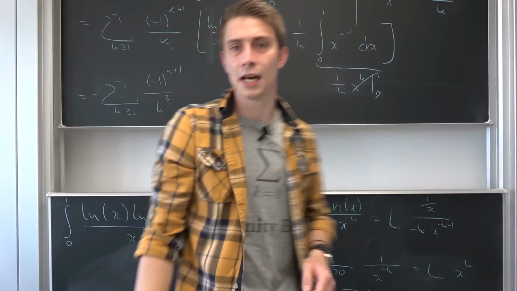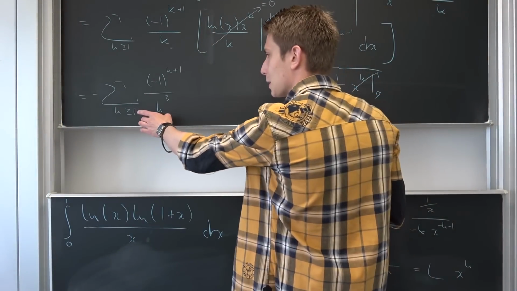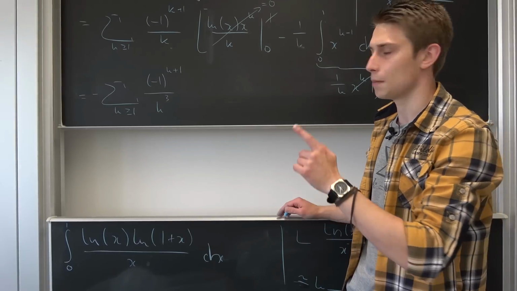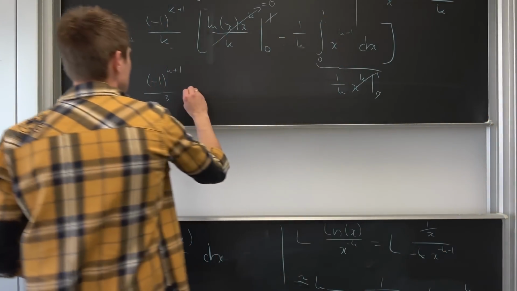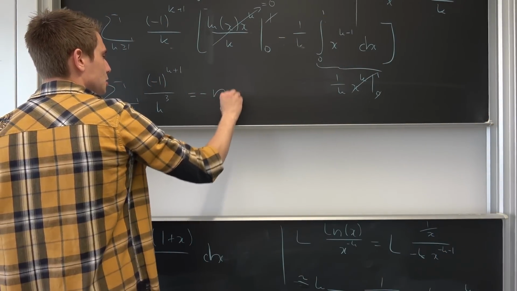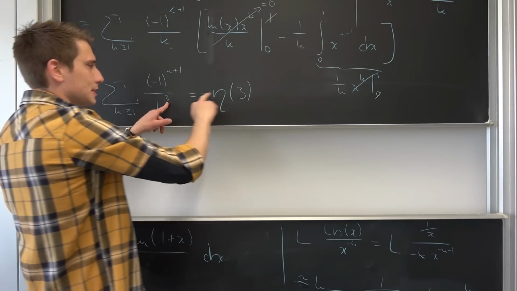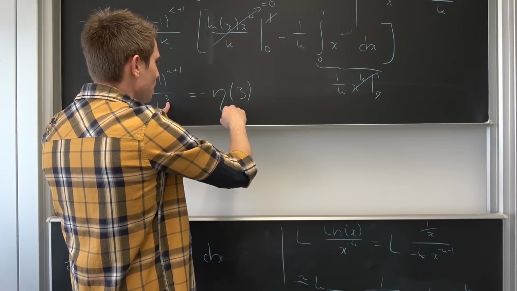Like I said, this thing right here is nothing but the Dirichlet eta function. This alternating series is going to be preserved in this case, so this is negative Dirichlet eta of 3. In the normal case you would have an s up here, but this is negative Dirichlet eta of 3.